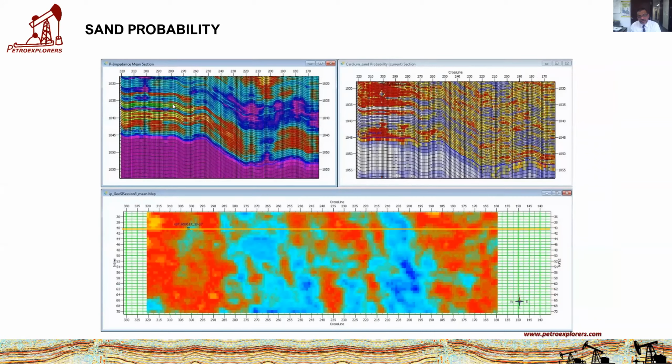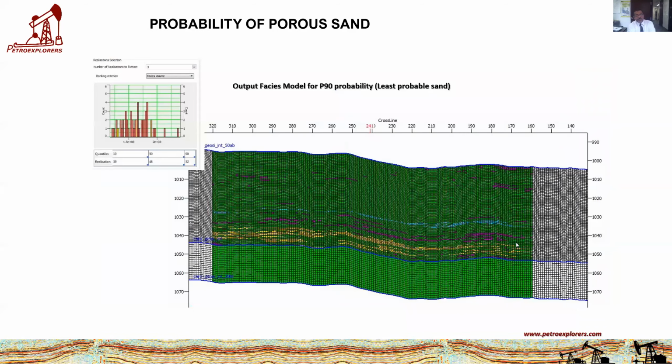You have a higher sand probability here, and you can start seeing the shore face trends within this zone as it comes through various sand and shaly facies. Then you can take out the P90, P50, or P10 probabilities. The lowest sand probability is where you're seeing these yellow, whereas P90 is the least probable sand, which means you have optimistic and pessimistic points of view at the same time in the distribution.